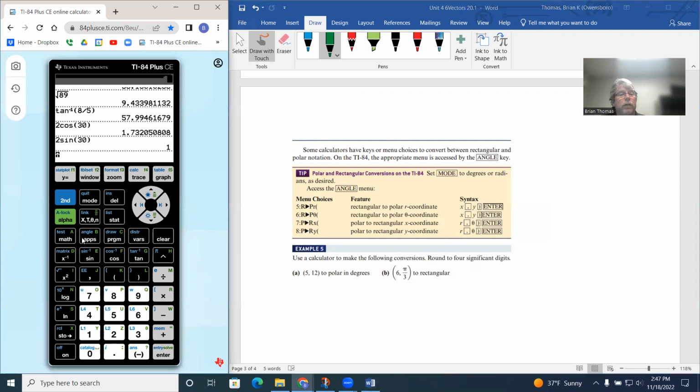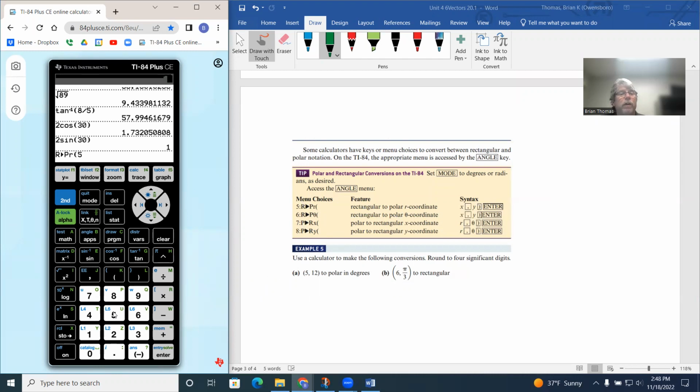So if we hit second angle, notice that number 7 is polar r x, polar r y. So they say rectangular to polar. We want rectangular to polar. So if I hit that one, polar r is, we want to put our x value and y value in here.